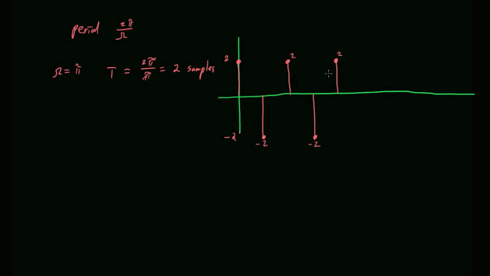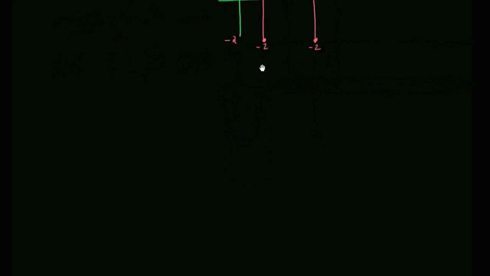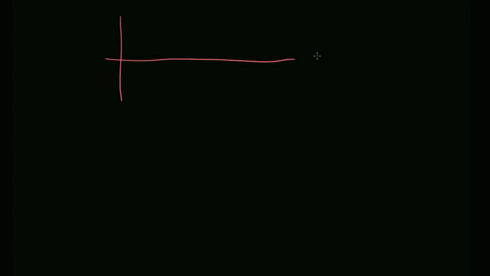Here's a fun one. What if I do this? Yeah, what's the frequency here? Still pi. What's different than before? DC offset.